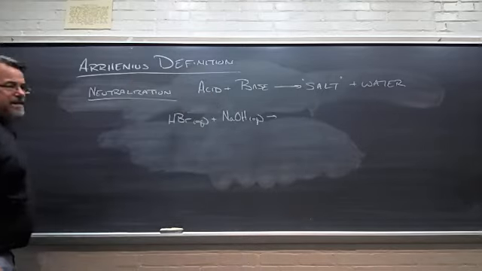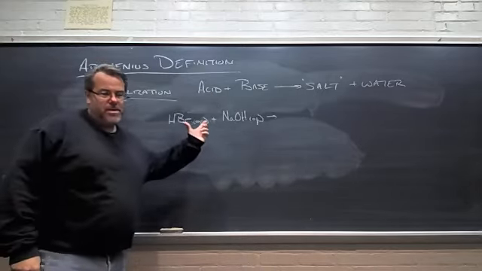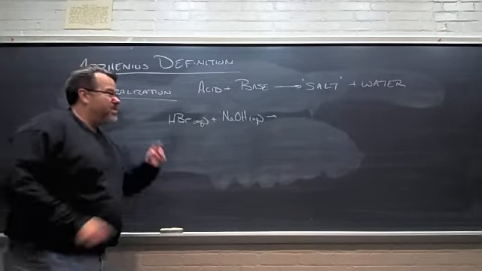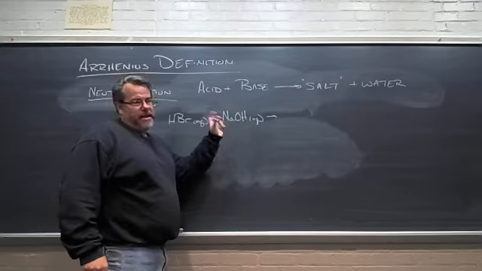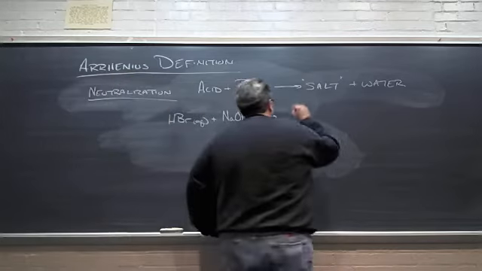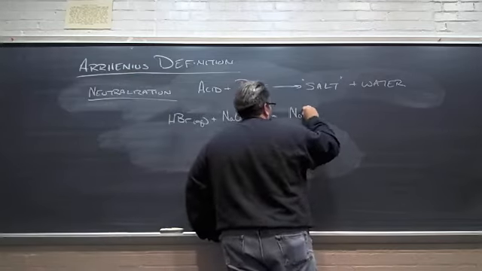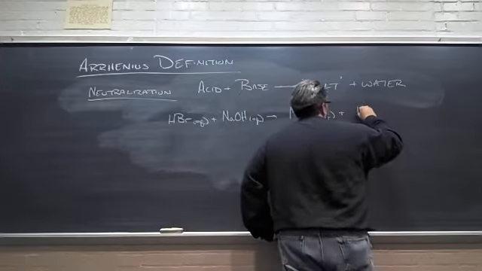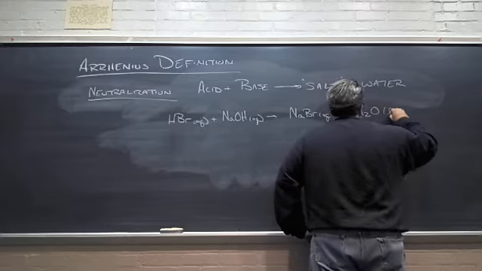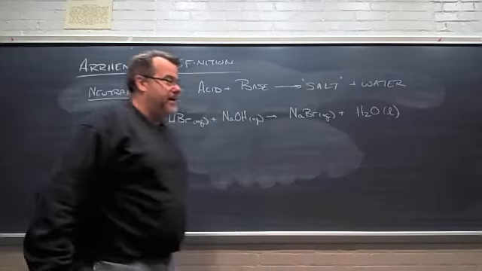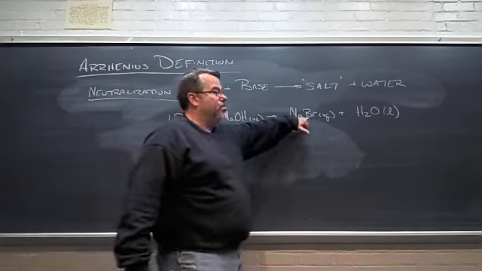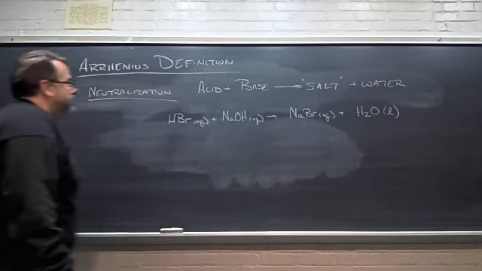If you remember back to the chapter with solubility rules and net ionic equations, this is a double displacement reaction, so you switch the partners. And this will give you sodium bromide and water, right? And sodium bromide in this case is the salt.